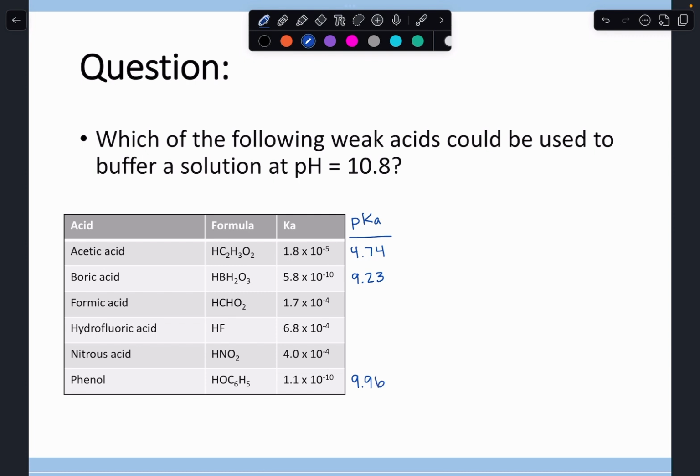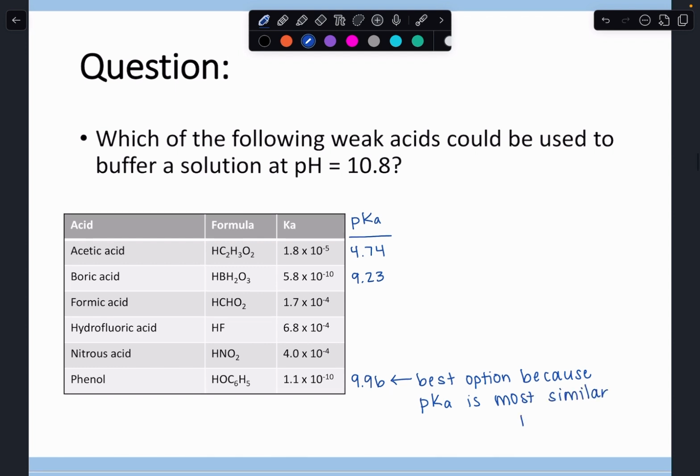So of the options in this table, this will be the best option. So it's the best option because the pKa is closest to 10.8.